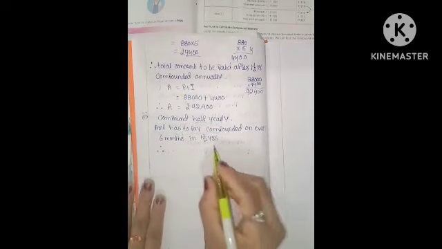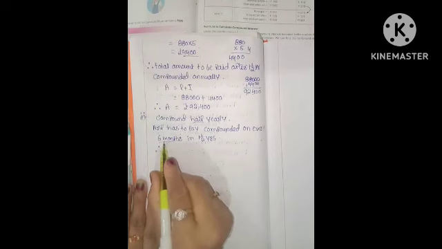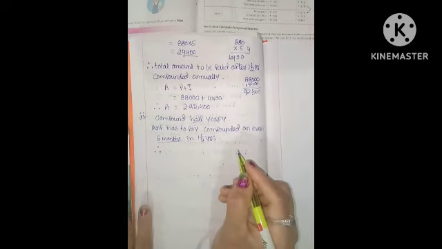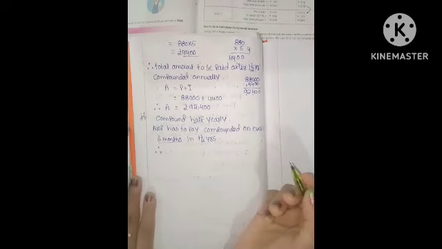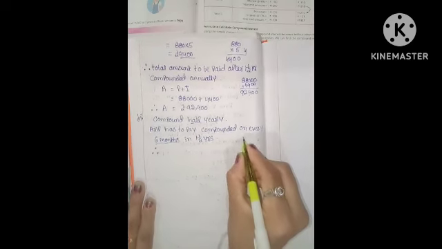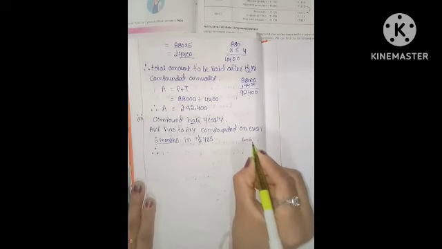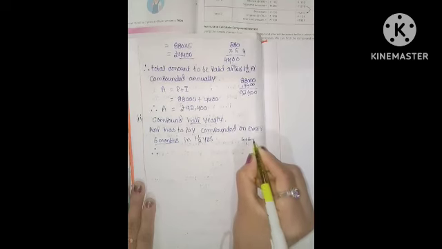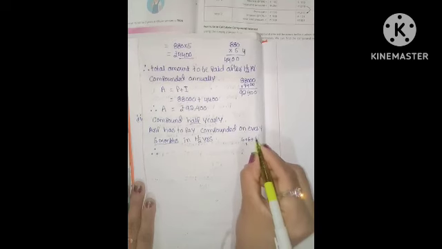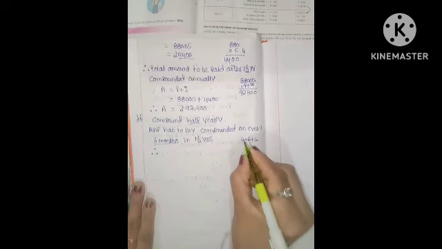In 1.5 years, how many 6-month periods are there? 3 times. 6 months plus 6 months equals 1 year, plus another half year, which is 6 months. So in 1.5 years, 1, 2, 3.